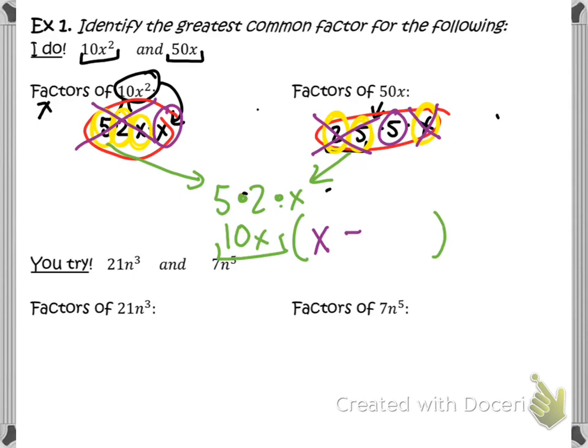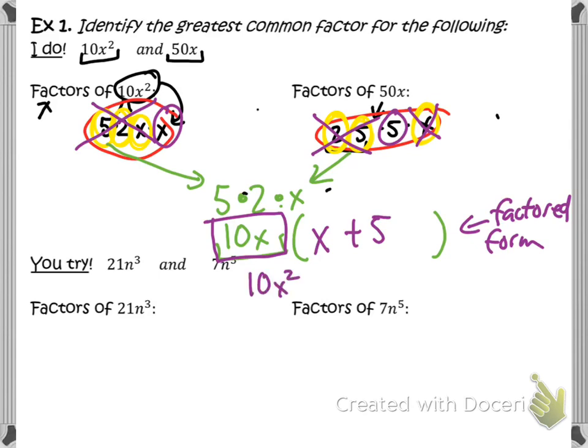So this is 10x, parentheses, x plus 5. The GCF, the greatest common factor, is 10x. And remember, as in the warm-up, this is the factored form. And if we distribute it back in, 10x times x is 10x squared plus 50x. And this is expanded form.